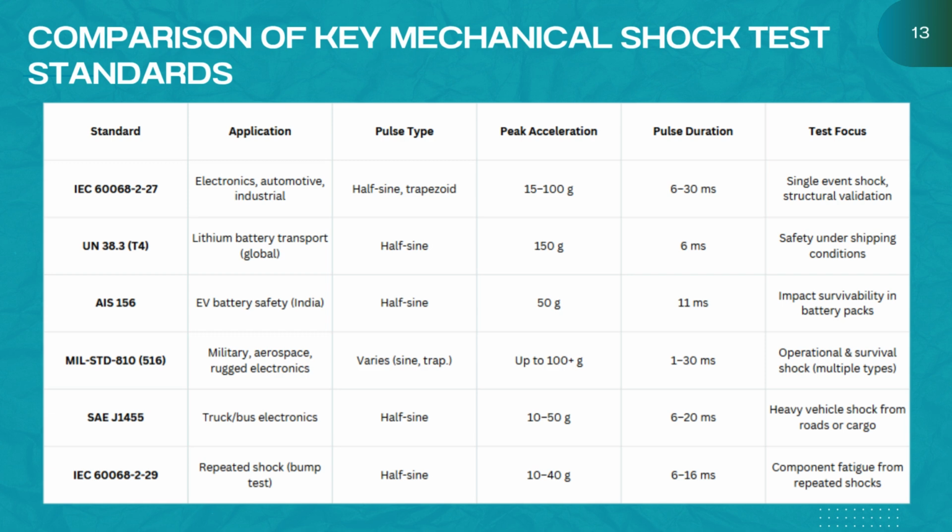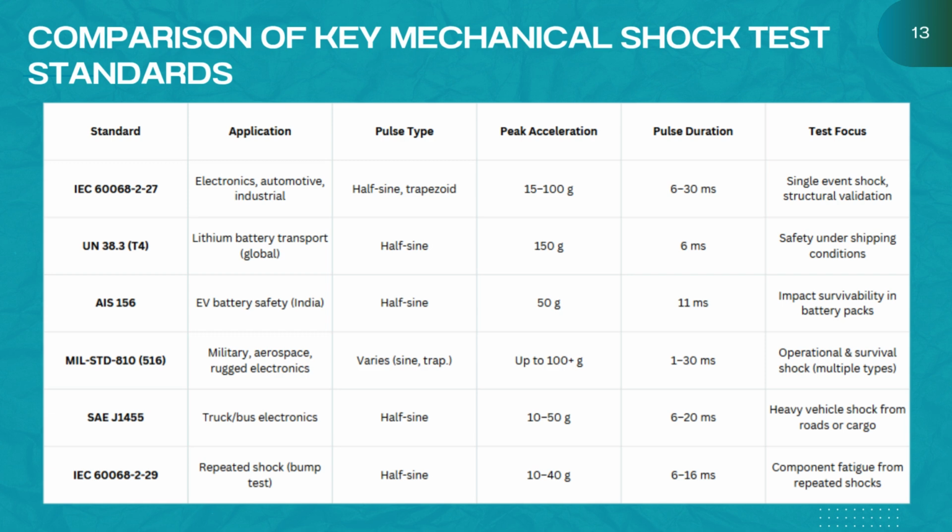SAE J1455 targets truck and bus electronics. It simulates road or cargo-induced shocks with acceleration levels from 10 to 50 grams and pulse durations of 6 to 20 milliseconds. Finally, IEC 60068-2-29 is for repeated shock or bump testing.